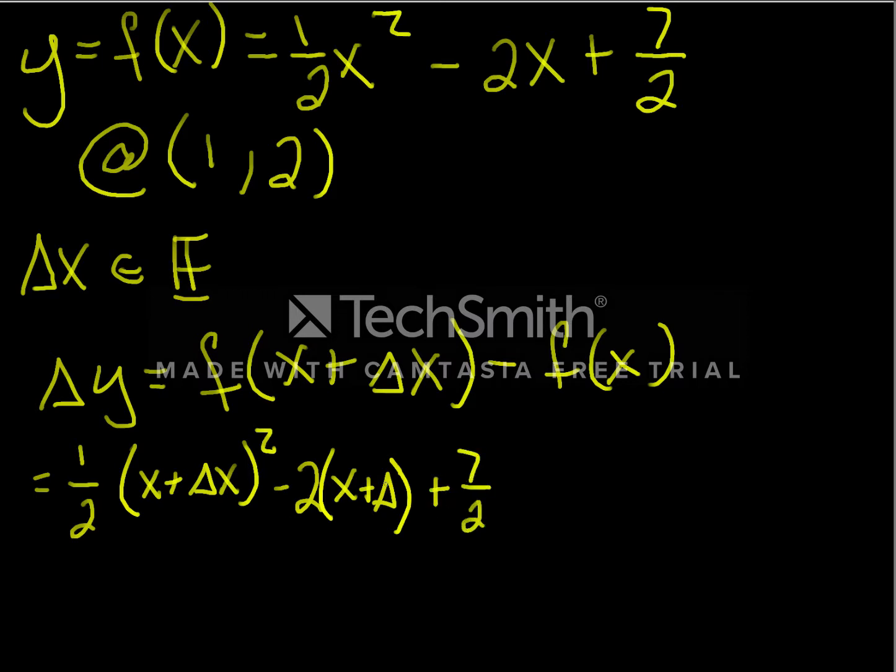So that's f of x plus delta x, and then minus f of x, which is 1/2 x squared minus 2x plus 7/2.